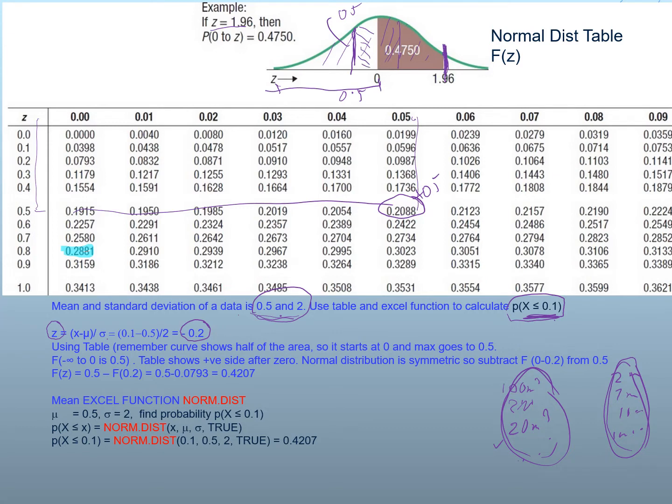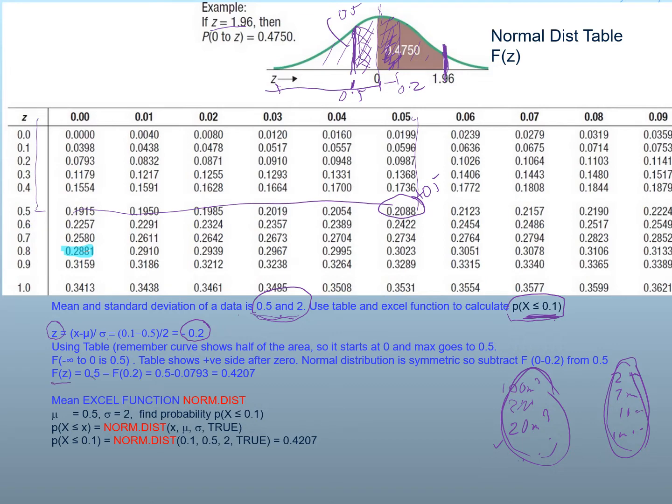Because this distribution is symmetric at the center, we calculate this part. To find out minus 0.2, we calculate what is plus 0.2, and then we deduct that part from 0.5. So 0.5 is the total area, minus this part will give us the cumulative probability up to that point. So that's what we do here.